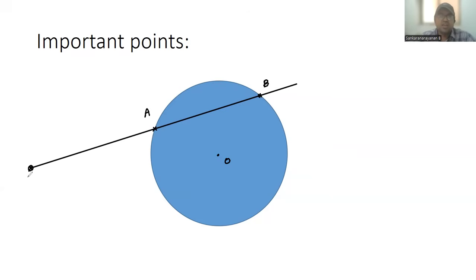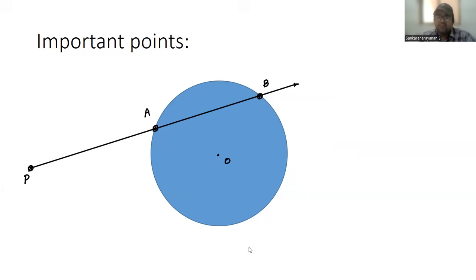The secant is a line going in this manner, so there is no beginning, there is no end, but I'm considering it from this point P. You can see that it cuts the circle at A and at B.